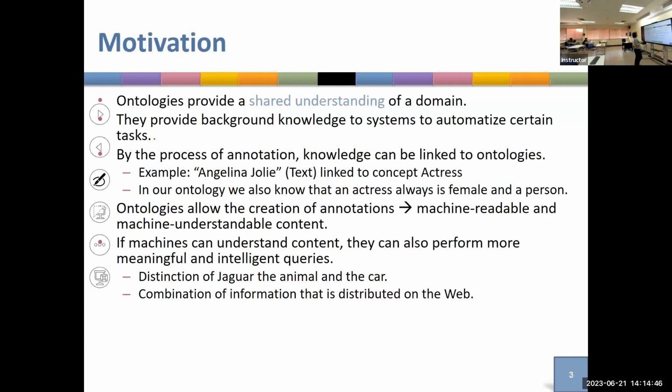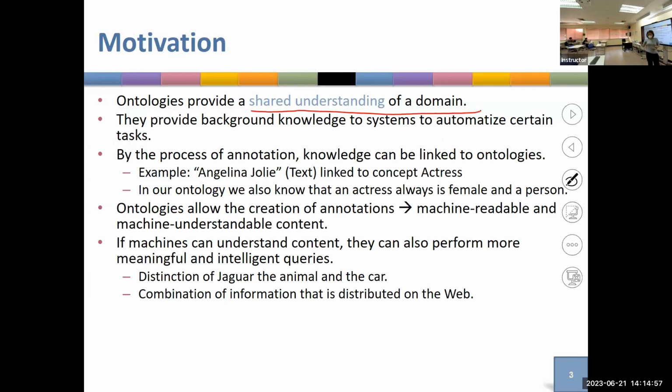Okay, so what does it mean by ontology? Ontology is the term that refers to a shared understanding of a domain. So we design or model ontology in order to make a shared understanding of a certain domain.